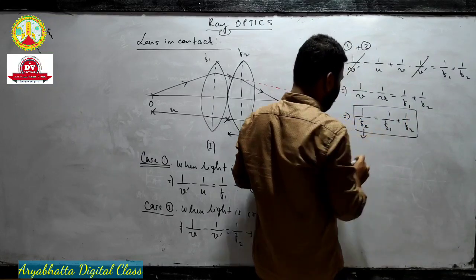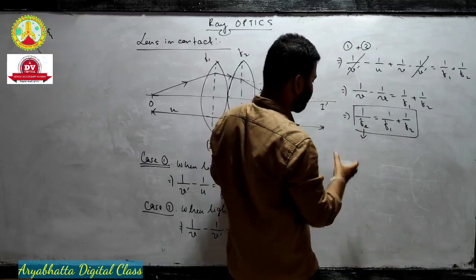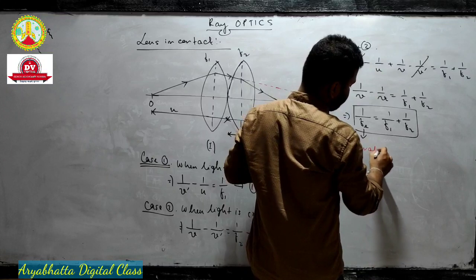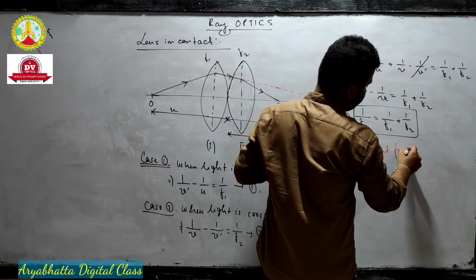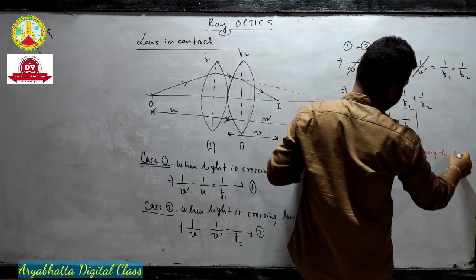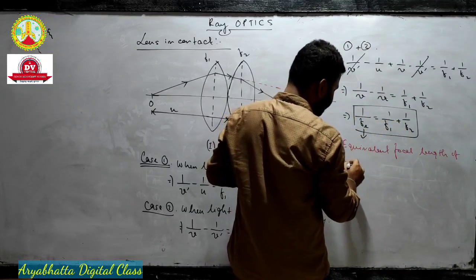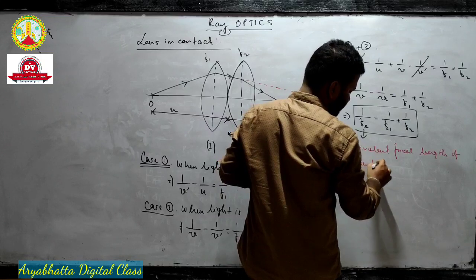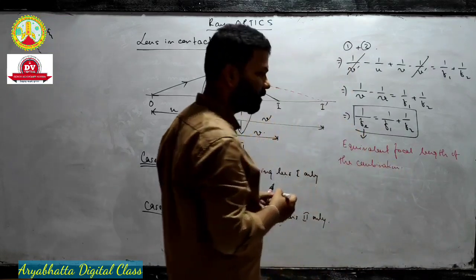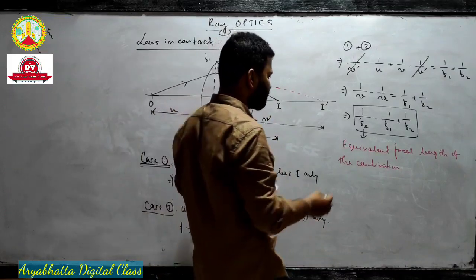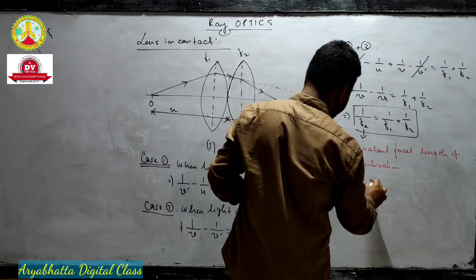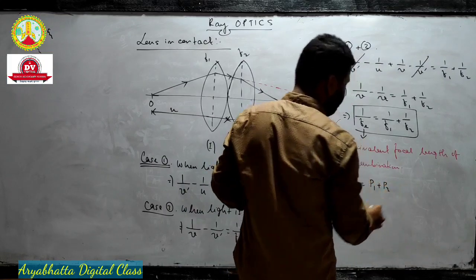So what is fe? Fe is nothing but the equivalent focal length of the combination. Okay, so what is 1 by f? 1 by f is power. So the equivalent power is equal to P1 plus P2.